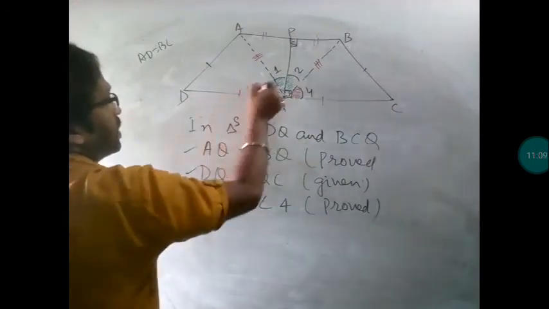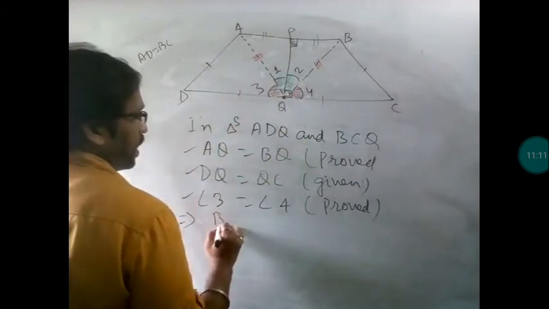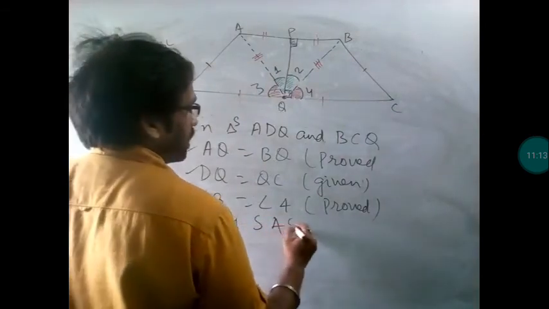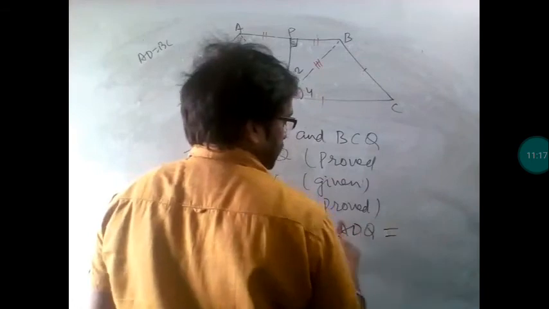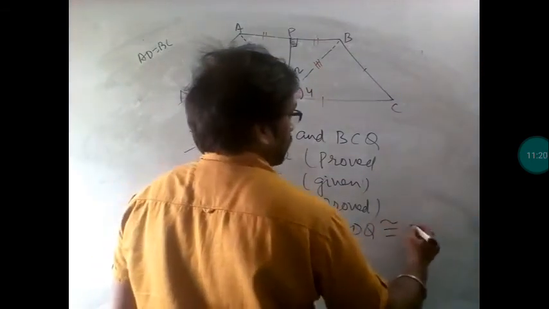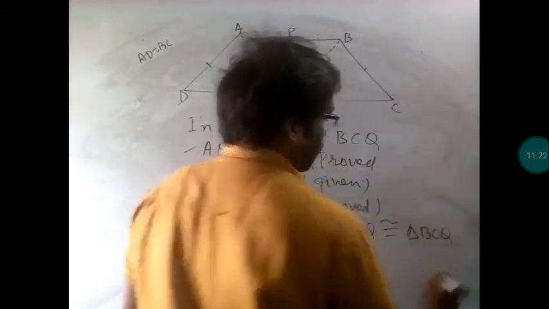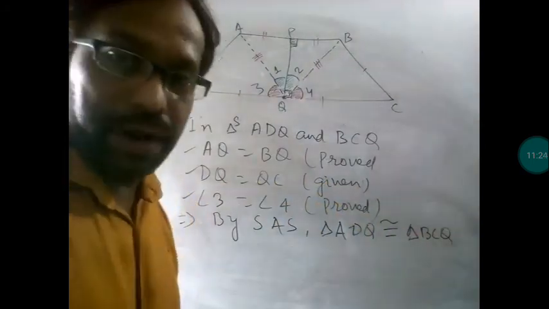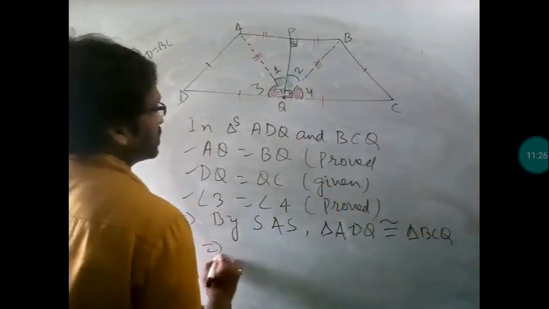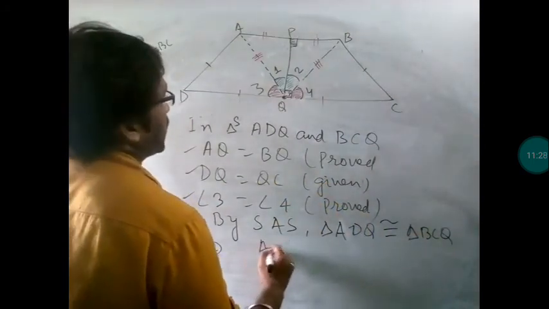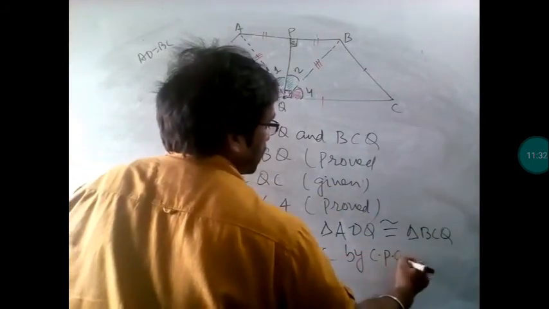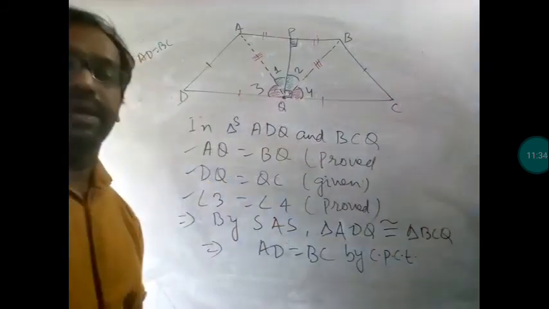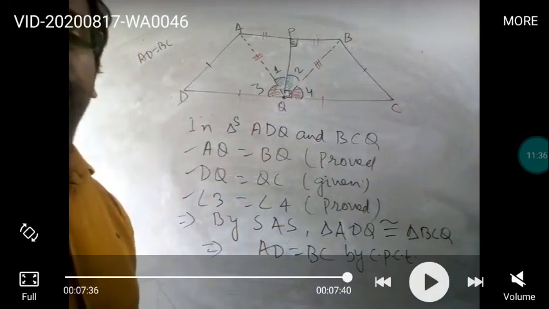So triangles ADQ and BCQ are congruent by side angle side. That means, by simplicity, AD is equal to BC.